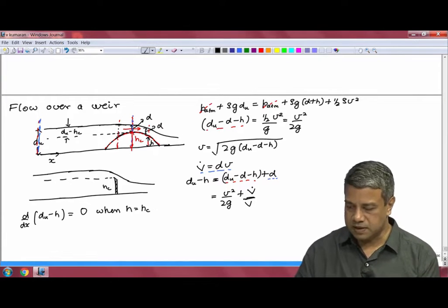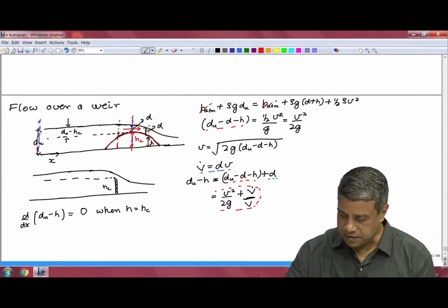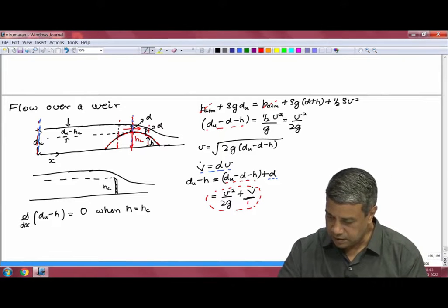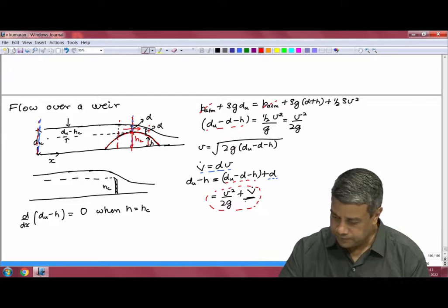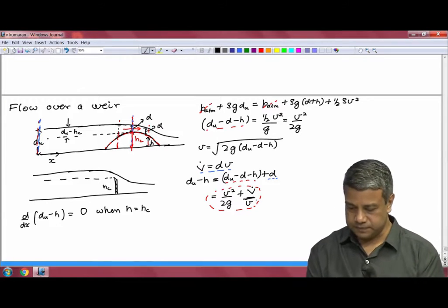And if I use the right side of this equation here for du minus h, where the velocity, I made a mistake here, this should be the velocity v, kindly correct that.